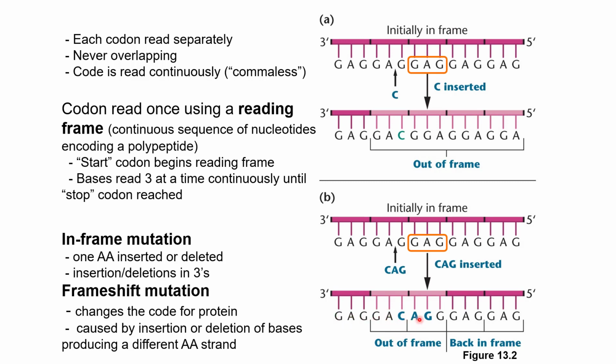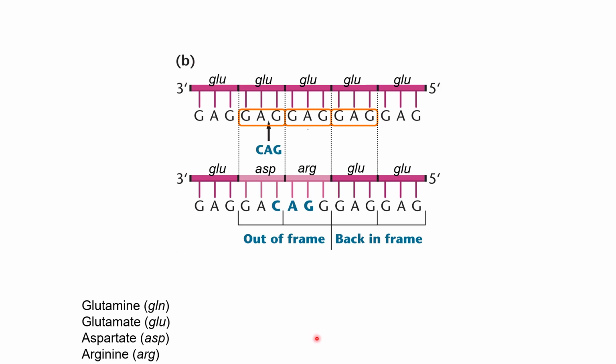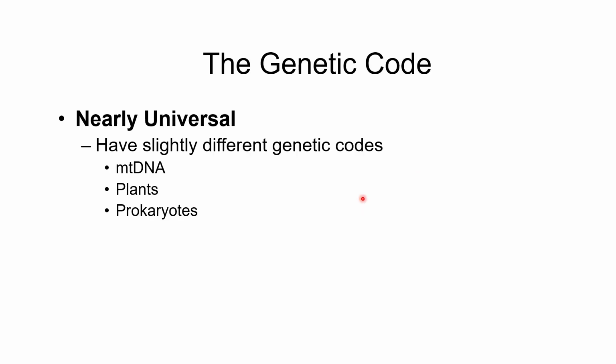So GAC, AGG, that changes the amino acid sequence, and it changes all amino acids after that. So we're going to get a very different strand. That's a frame shift mutation. Sometimes we can go out of frame and then back into frame. That's possible.